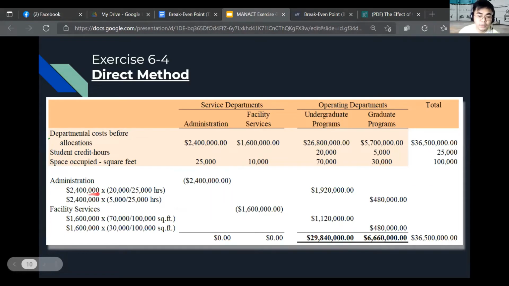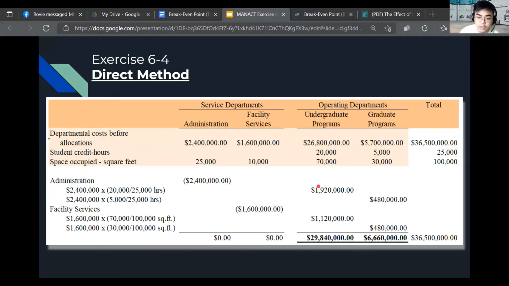The cost for administration, which is 2,400,000, we multiply with the hours under the undergraduate program, which is 20,000, divided by the total number of hours, which is 25,000.